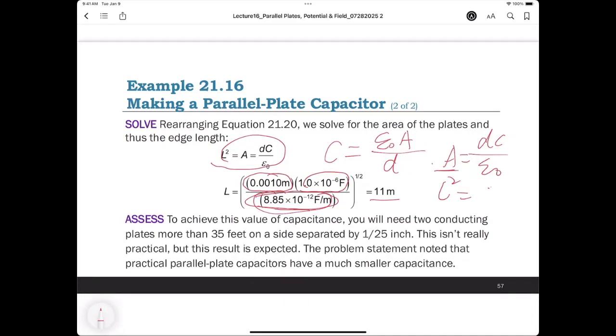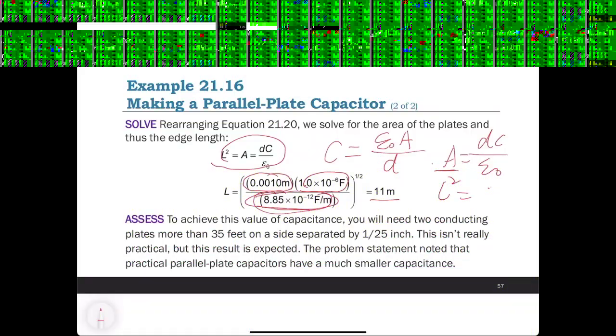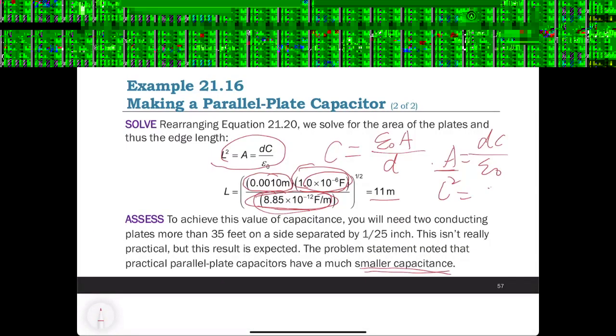The problem statement noticed that practical parallel plate capacitors have a much smaller capacitance. You can see here the capacitance is just this value. It's quite small, even though the area is very big.